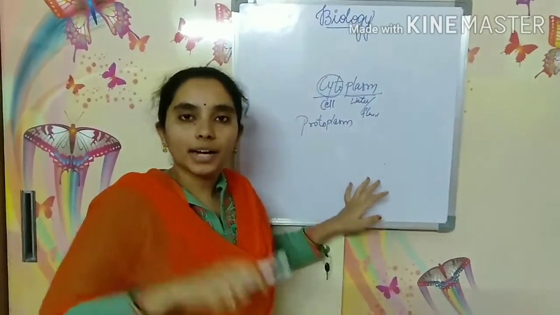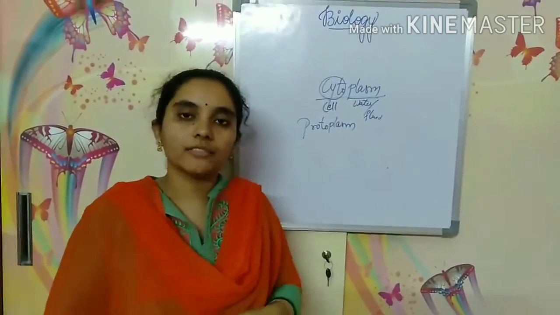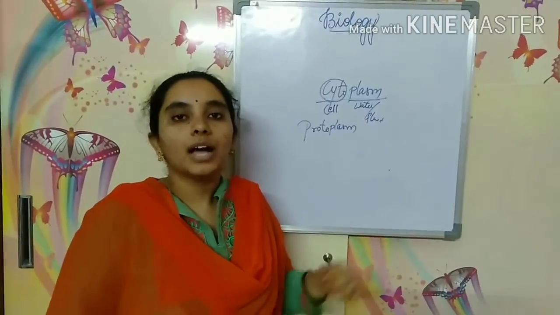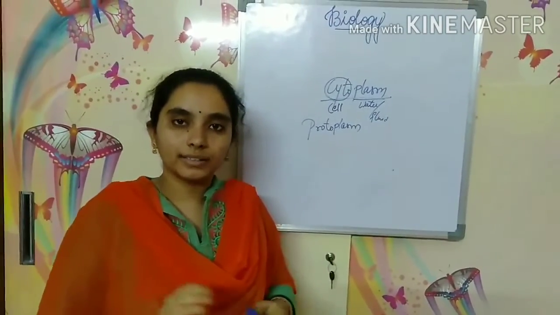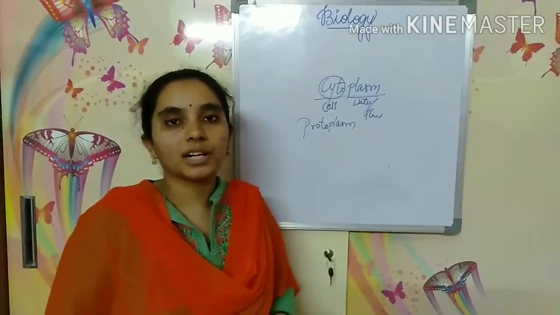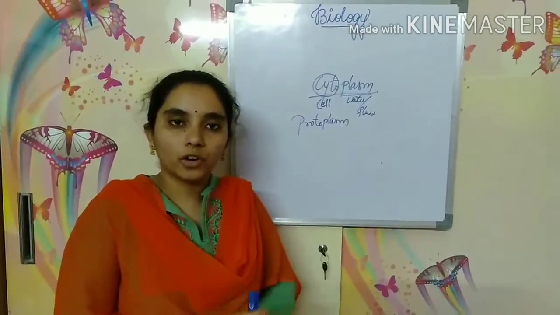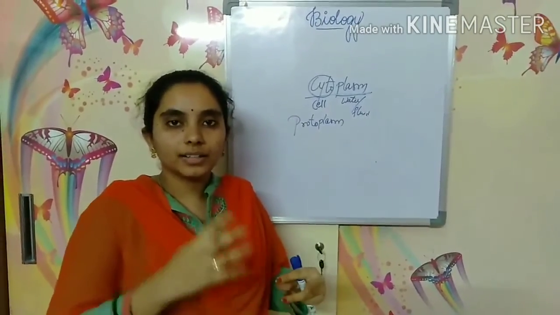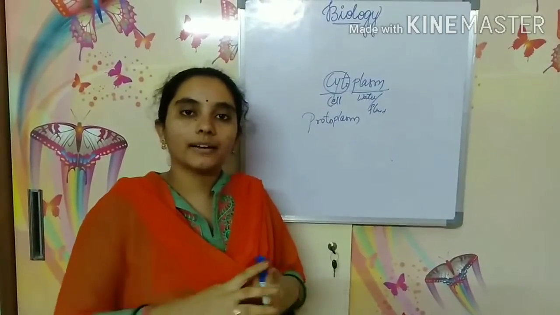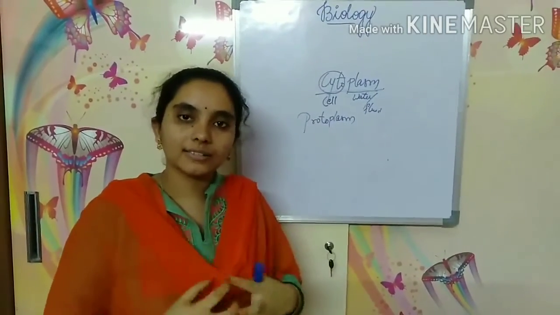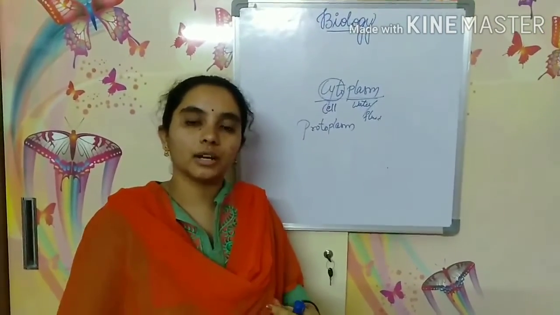In the cytoplasm all the organelles are present, floating in the cytoplasm, and it also balances the water in the cell. So cytoplasm is responsible for water balance in the cell. If there is more water in the cell, it is sent out with the help of the cell membrane, and if the cell needs water, the cytoplasm takes it in with the help of the cell membrane.